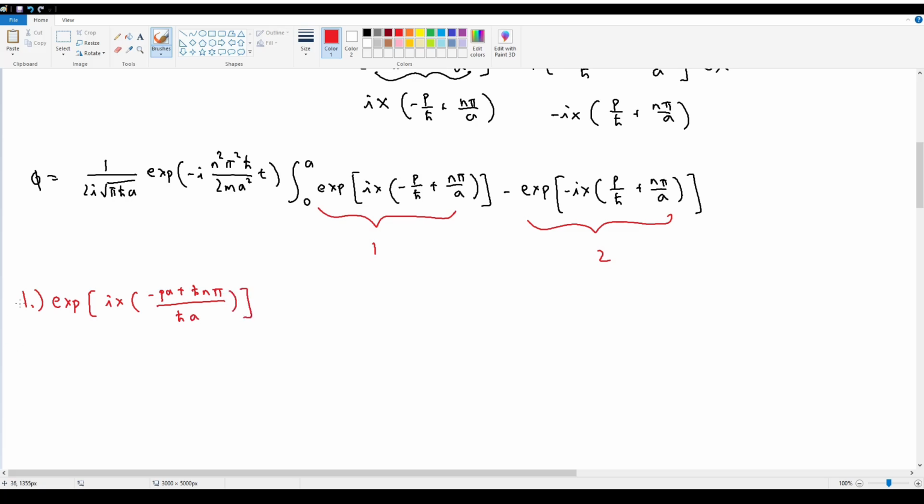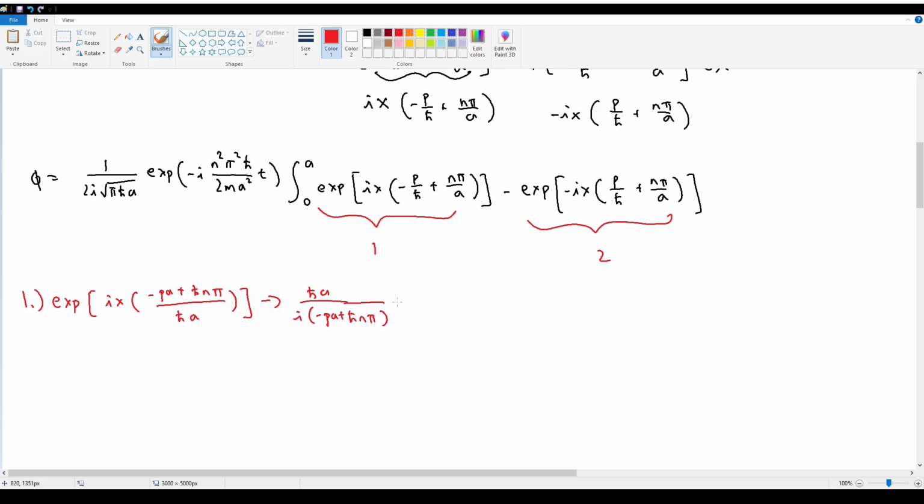Like this, and this is an integral. So this goes to, I want to take that out, so this becomes a reciprocal. The integral of this is going to give me h bar a over I times negative pa plus h bar n pi, like that.